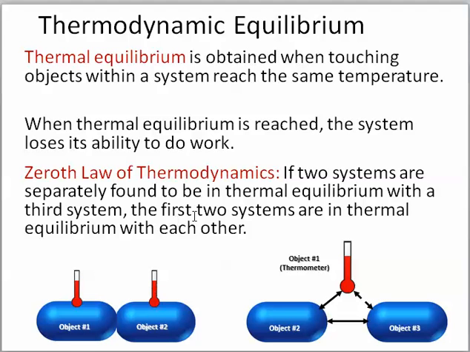Then what that tells us is the first two systems are in thermal equilibrium with each other. So over here, if we measure object 2 and object 3 with this thermometer, and we find out that both have the same temperature, then without even comparing the two to each other or having them touch each other, we would say they're in thermal equilibrium, which means if we bring them close to each other, no energy is going to be transferred.